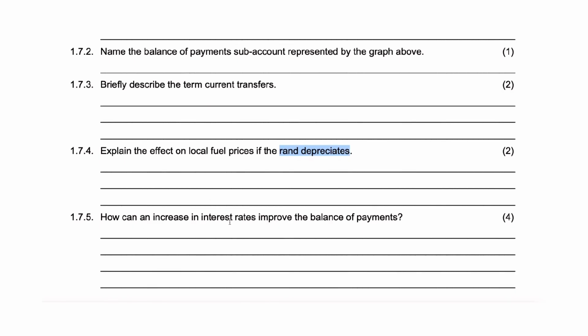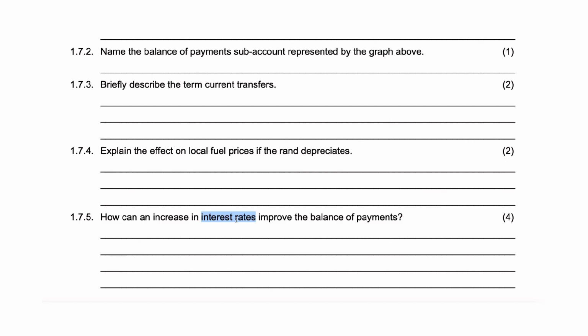Then how can an increase in interest rates improve the balance of payments? Well, since the balance of payments is a systematic record of a country's transactions with the rest of the world, what happens is if interest rates are high here in South Africa, it becomes an opportunity for other countries to invest in South Africa and get a bigger interest on their invested amount.